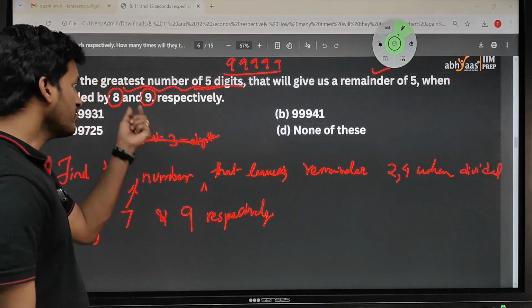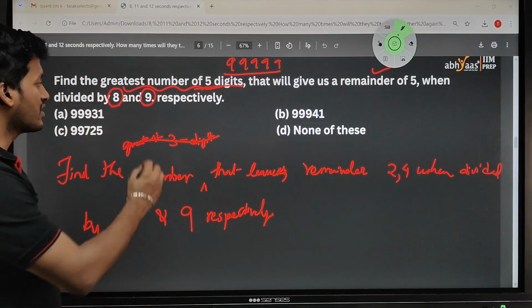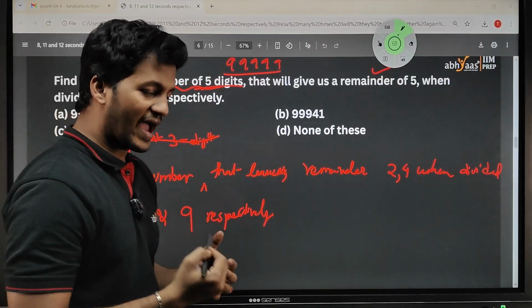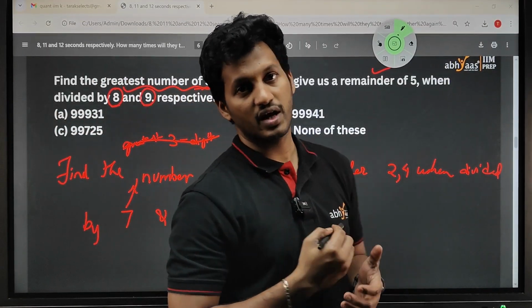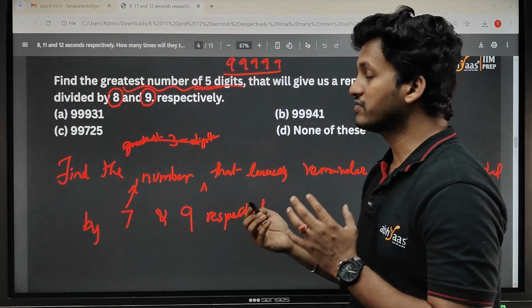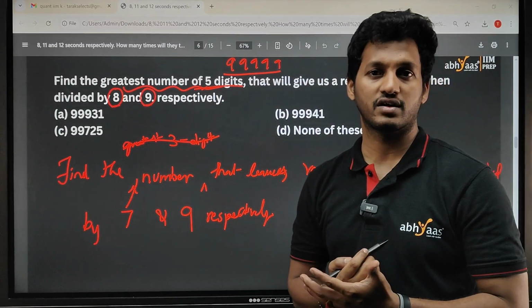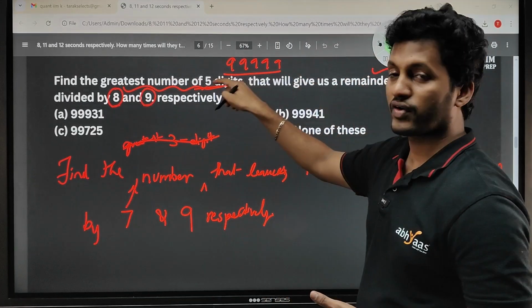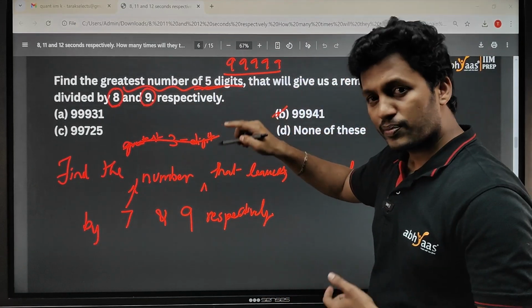So here in the previous problem, we found the number after taking LCM of 8 and 9 that acts as the divisor, and we found that dividend, the number which is divided by 72, first the greatest 5-digit number, and next we added that 5 to find the answer. Here the process is reversed.